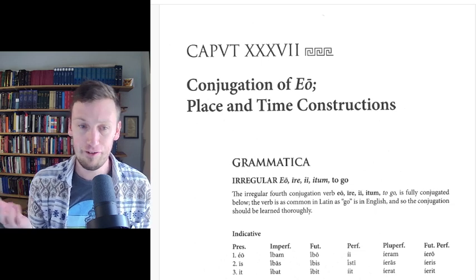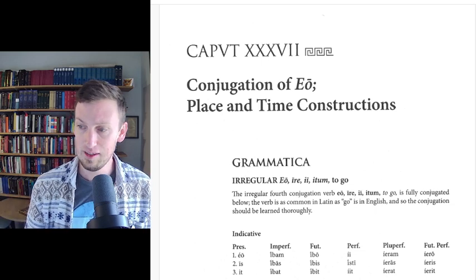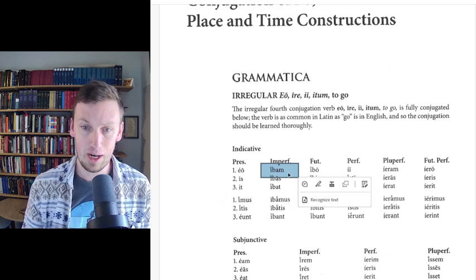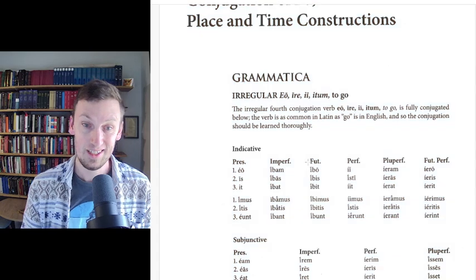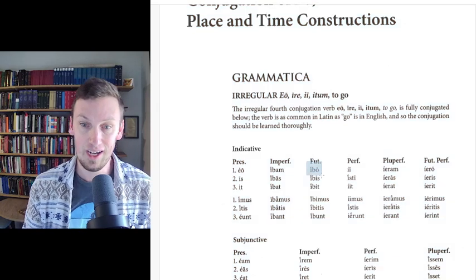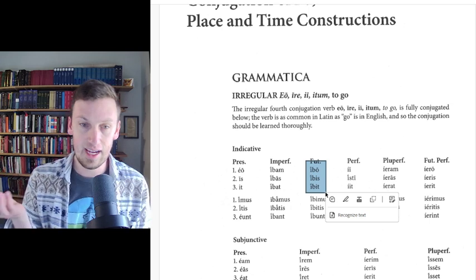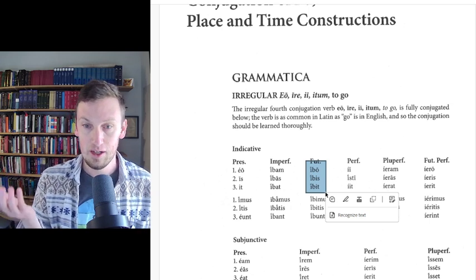So your imperfect is just your i, your thematic vowel, plus your bam ending. Kinda like an imperfect. Similarly, you get a sort of second conjugation future here: ibo, ibis, ibit.